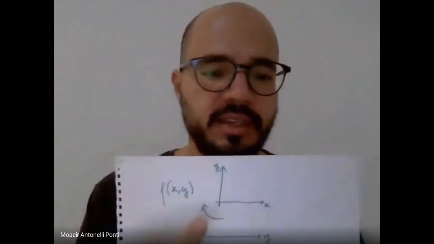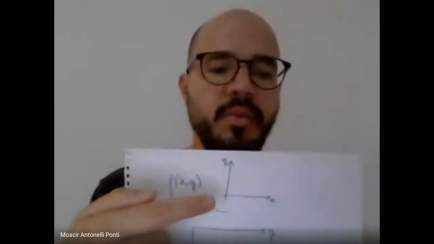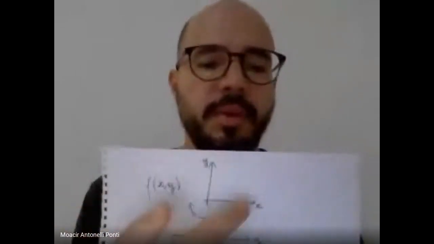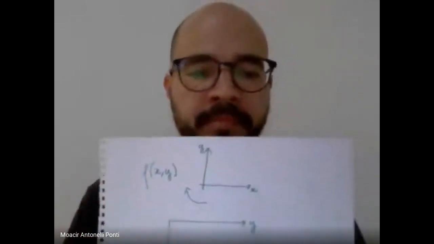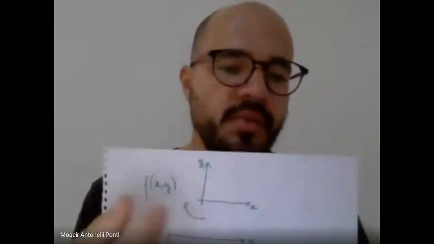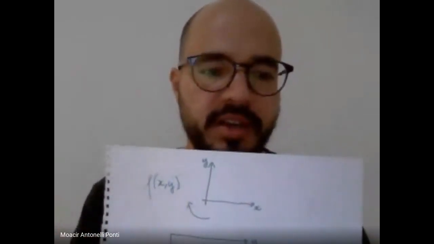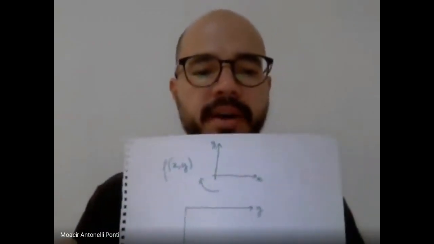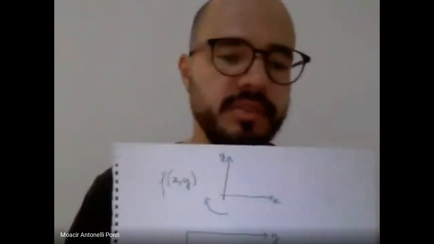So x is on the horizontal axis and y is on the vertical axis. This is how we represent a function in this space. And f applied to x and y would be a third dimension that will define how many intensity levels we have.